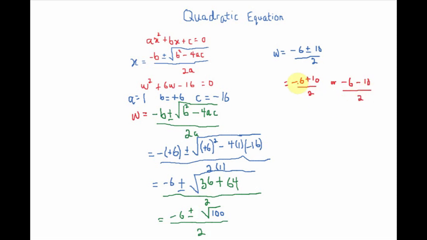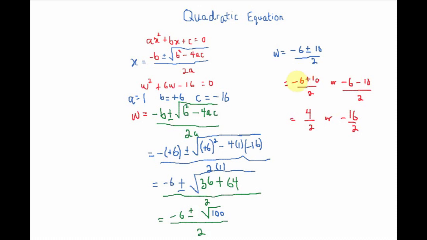Minus 6 plus 10 gives us plus 4 over 2, or minus 6 minus 10 gives us minus 16 over 2. If you are wondering how we got 4 and minus 16, let's see.